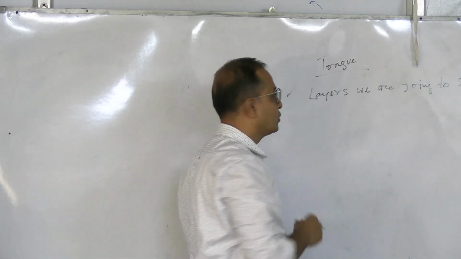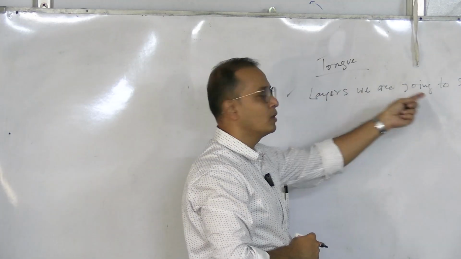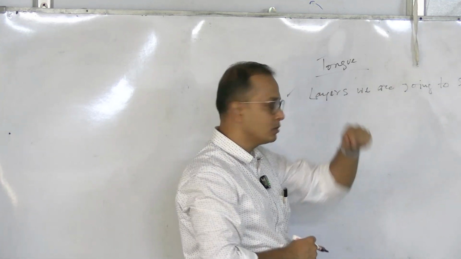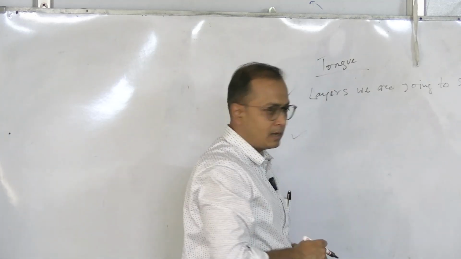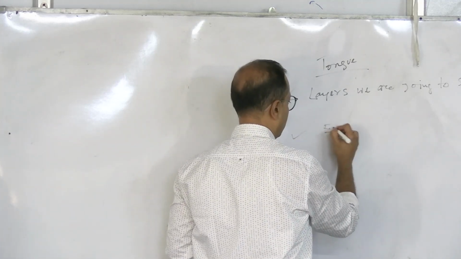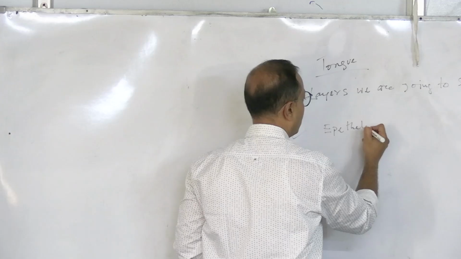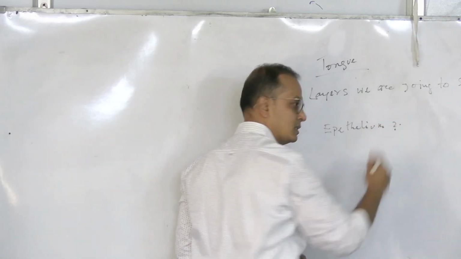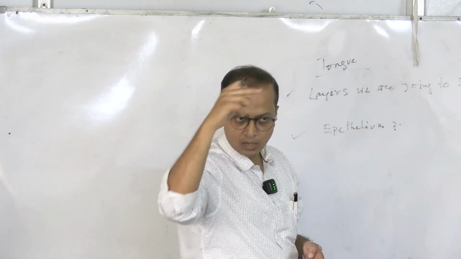So, you write down in short the layers you are going to see in the specimen. Second thing is how the epithelium is, that means what kind of cells the epithelium consists of.